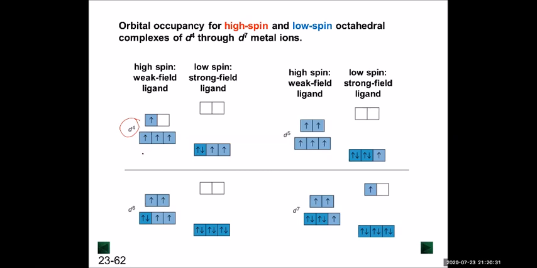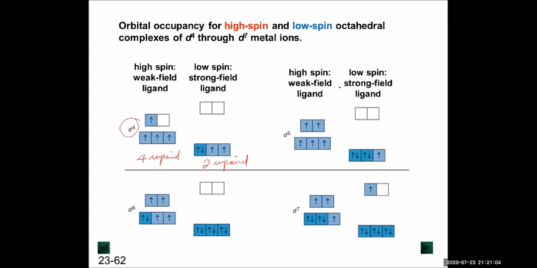So in this case, you have 4 unpaired electrons, which is high spin. With a strong field ligand, the gap is very large, and electrons would pair instead of separating. Here you can see there are only 2 unpaired electrons. That's when you have 4 d electrons, the difference between strong field and weak field.